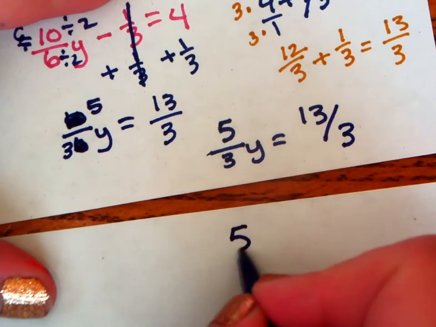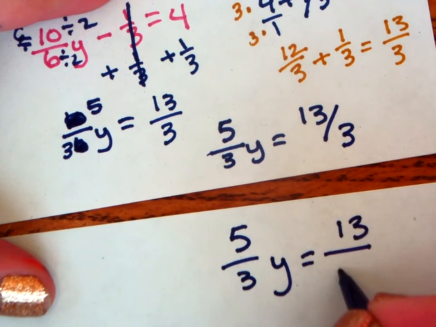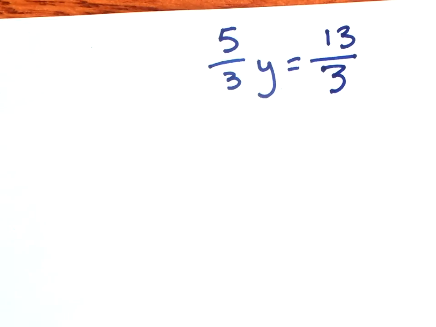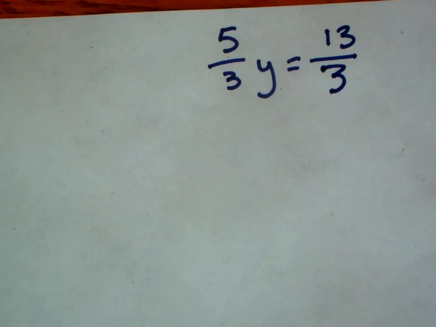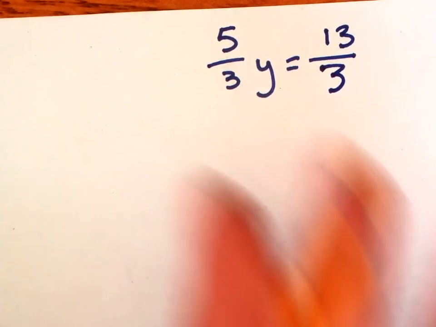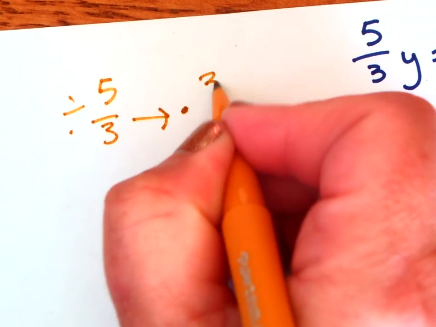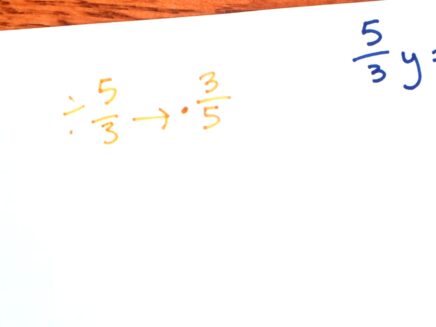Okay, and I'm just going to go ahead and rewrite that down here so you can see it really well. Right, and then I want to divide by 5/3, which again, dividing by 5/3 means multiplying by the reciprocal, that 3/2.